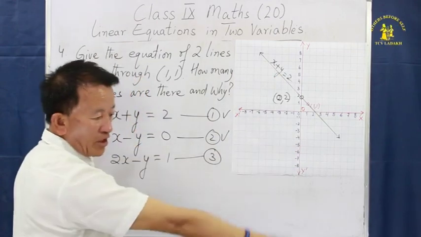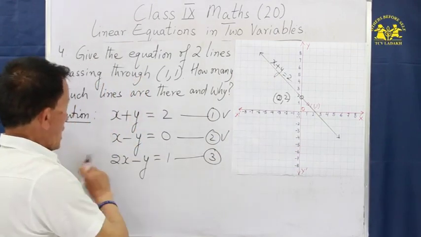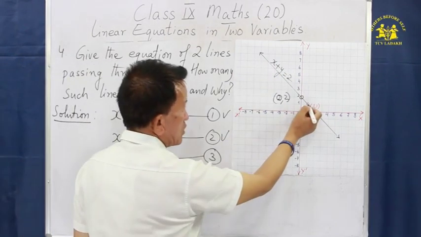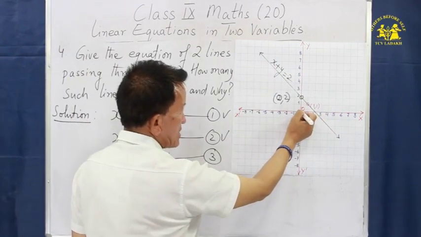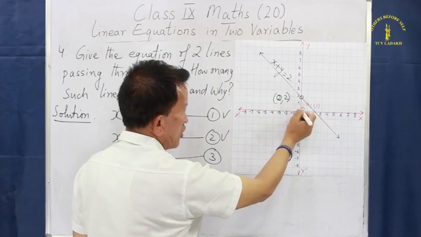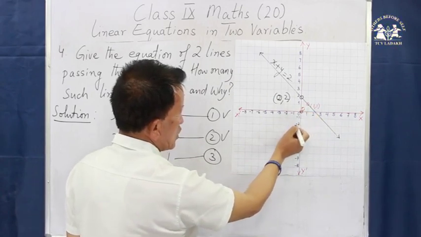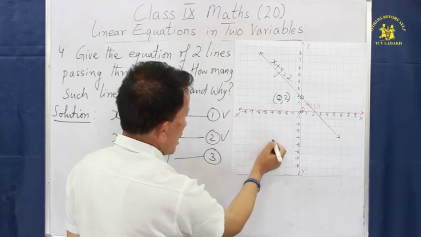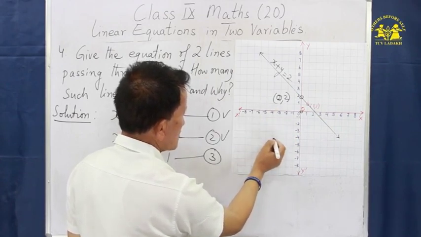And earlier in one of the examples, we have done x minus y is equal to 0. So x is equal to 1, y is equal to 1, x is equal to 0, y is equal to 0, or x is equal to minus 4, y is also equal to minus 4.